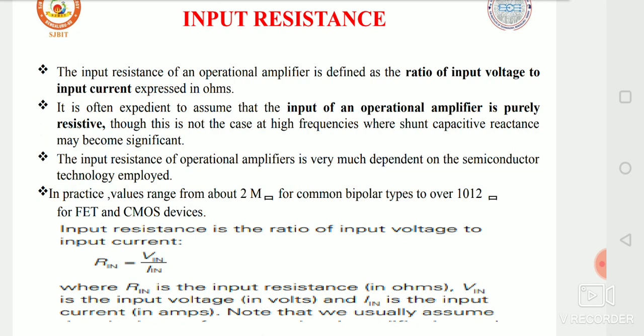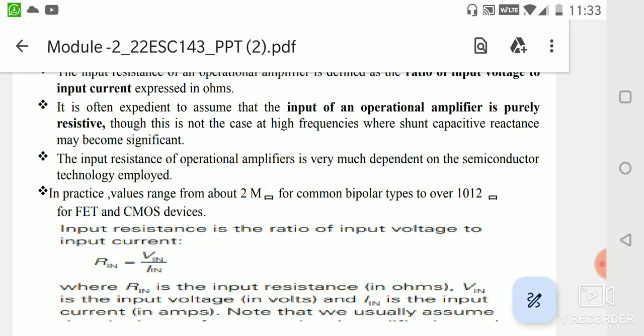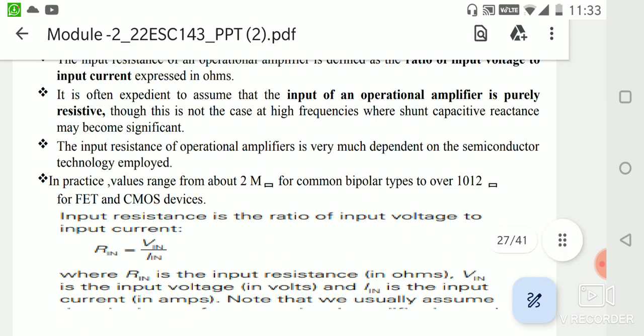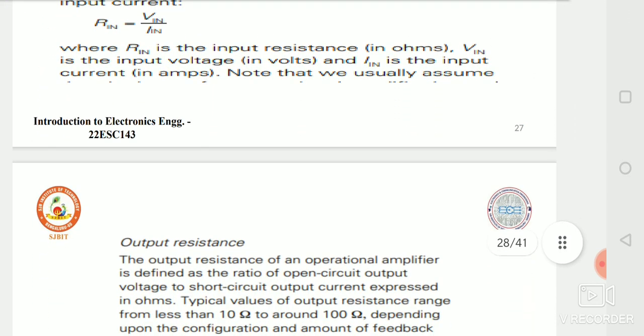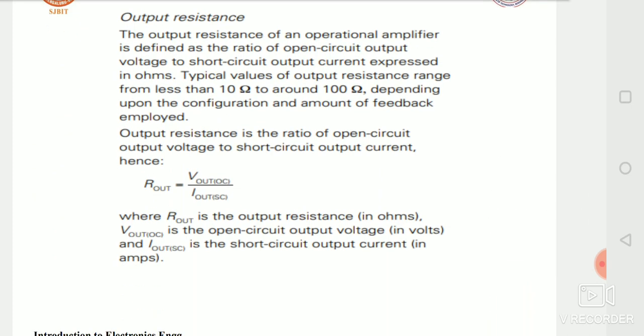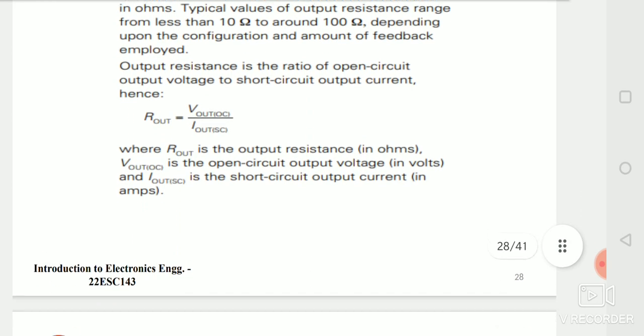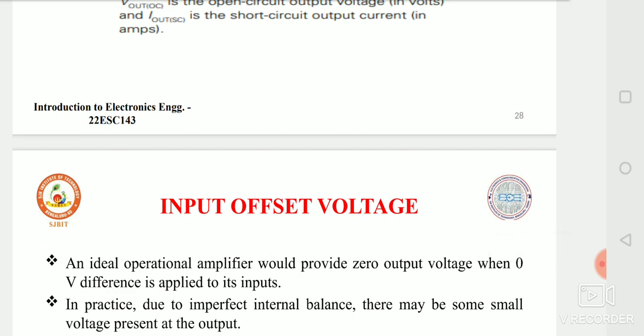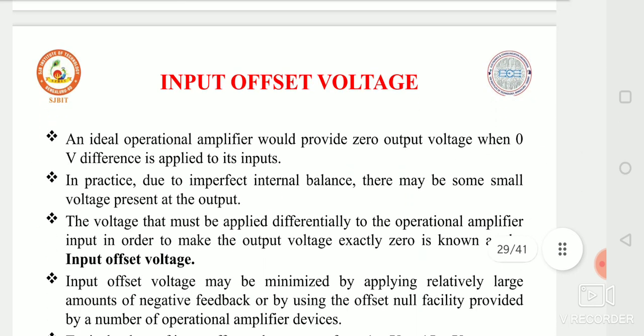It is assumed that the input of an op amp is purely resistive, so it will be very high, ideally infinity, and no current flows through the op amp. And the output resistance, which will be 0. R in is V in by I in, as per Ohm's law, V by I.